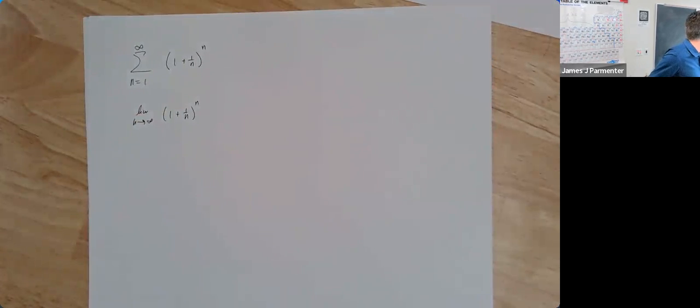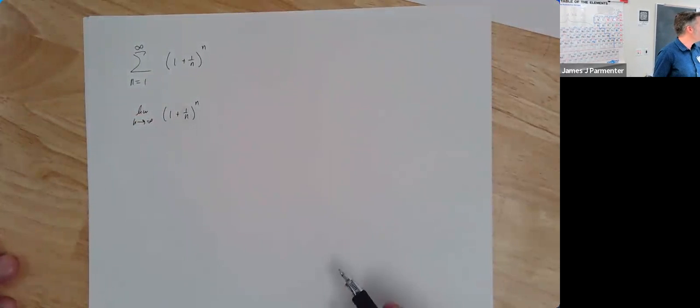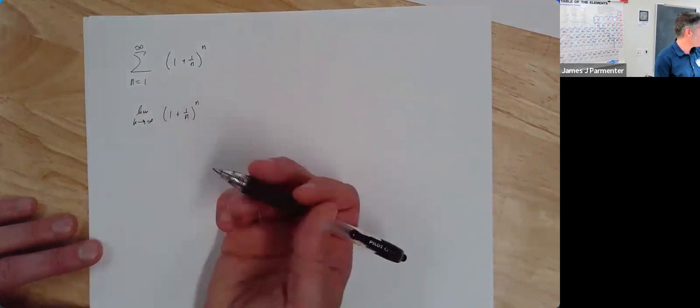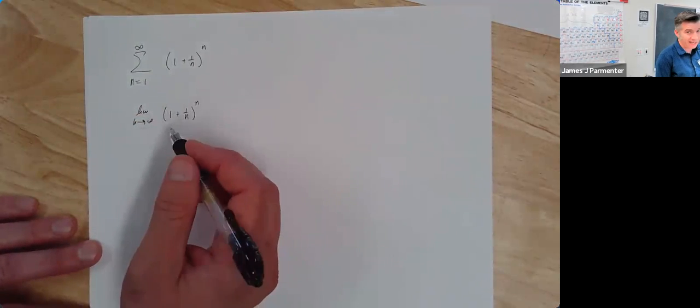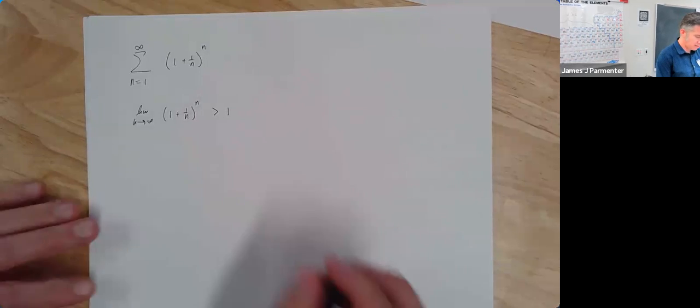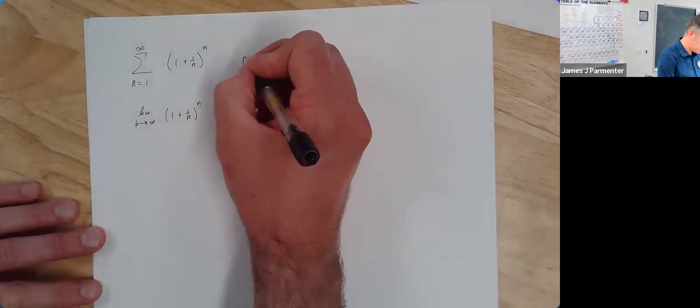How do I know it's not 0? Well, I've got a number that's 1 plus something. This number is bigger than 1. And a number bigger than 1 raised to any positive power is for sure going to be bigger than 1. So I might not actually know what this is, but I know that it definitely is bigger than 1. And being bigger than 1 means you're not 0. So this definitely diverges.